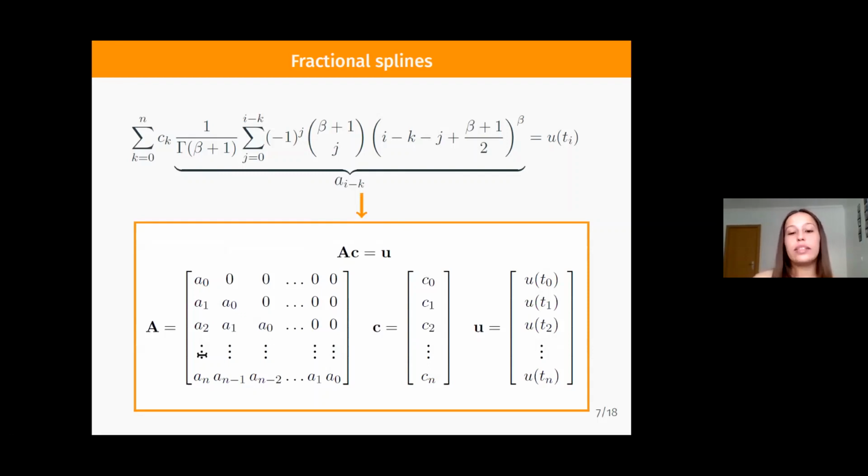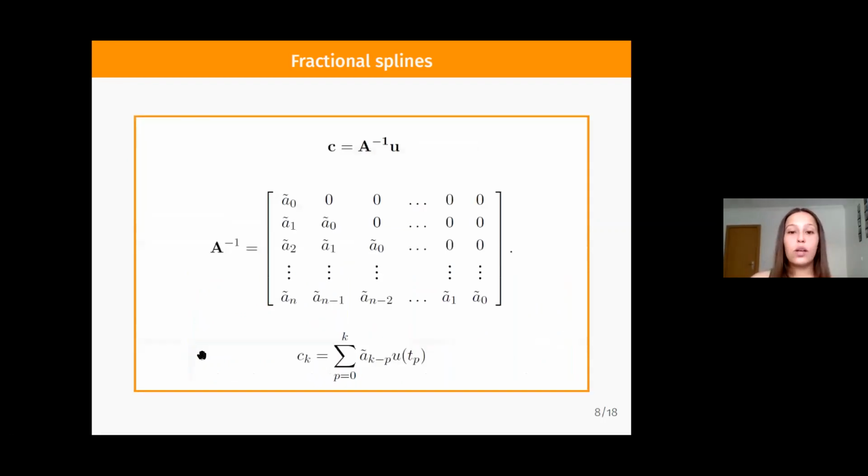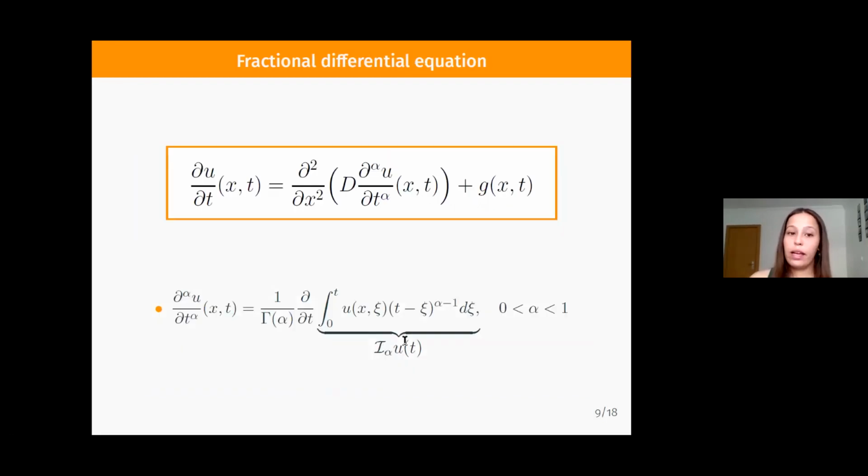So we know that its inverse will be a lower triangular matrix and a Toeplitz matrix as well. So we can write the coefficient Ck in terms of the values of the inverse and the values of the function u at the nodes of the mesh.